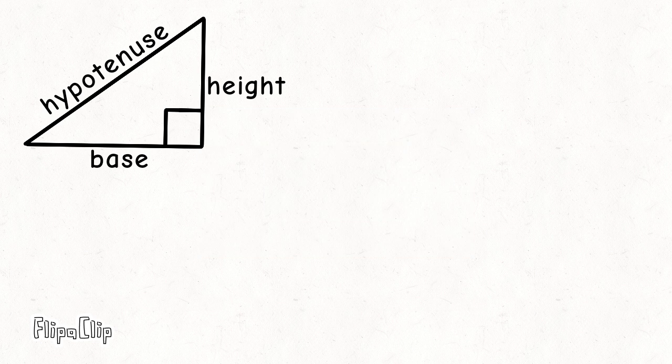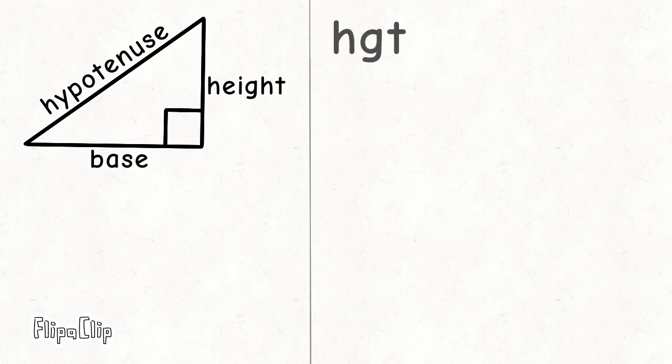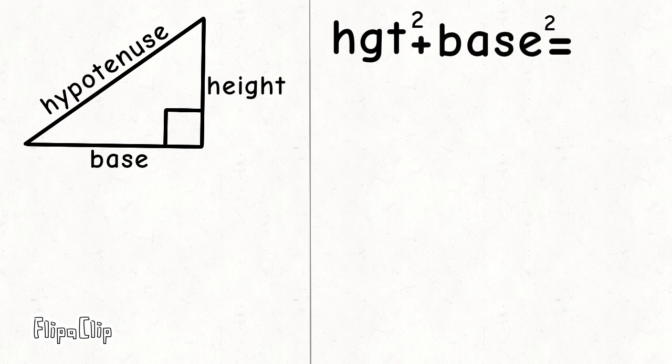So long as a triangle contains a right angle, if you take its height, you square its value, then take its base, you square its value, you add the two together, that should be the same as squaring the length of its hypotenuse. Now, in mathematics, we love the use of symbols to make things simpler and easier to remember.